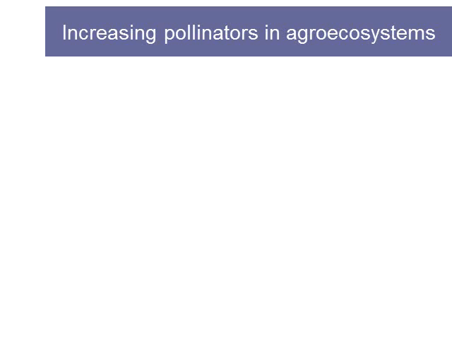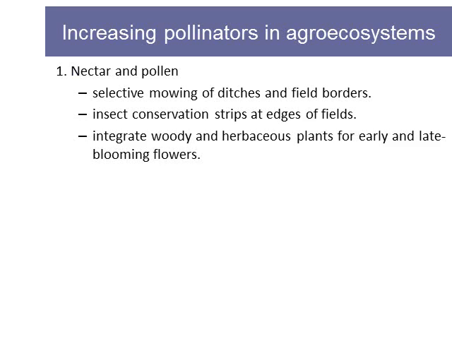So how do you increase pollinators in agroecosystems? Encouraging things that produce nectar. So, allowing plants that produce nectar to grow near your garden or to grow things in your garden like that. Integrating woody and herbaceous plants for early and late blooming flowers, trying to keep something flowering all year round.